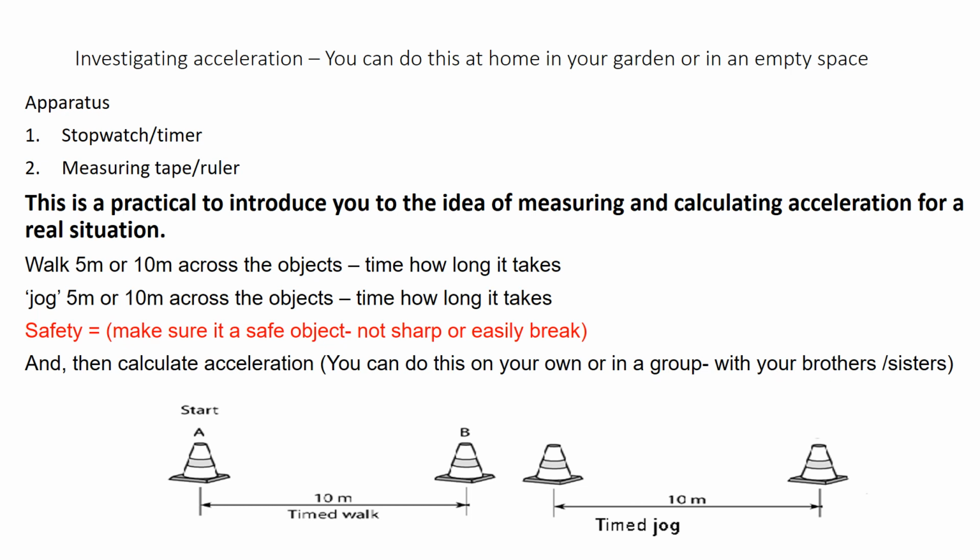So we're going to calculate your acceleration, and we're going to do that on your own. You could rope in your mum, your dad, your nan, your granddad, your cat, your dog, any other randoms that you've got living with you. I don't know what's going on at your place, but you could even measure it with cars out the window if you're feeling particularly lazy.